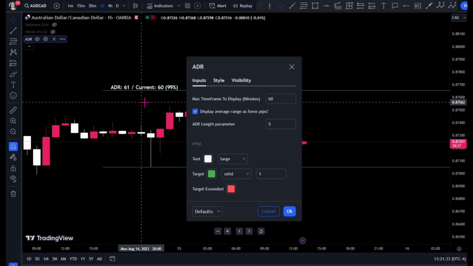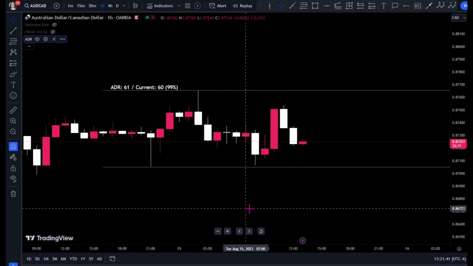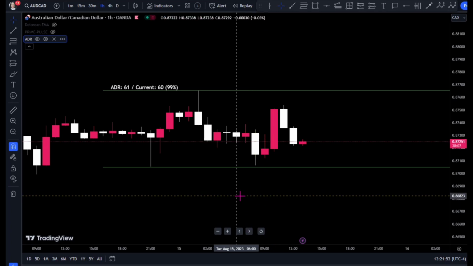This has to be used on a 1 hour time frame for this specific tool, but you can double check the accuracy by going in, figuring out what the ADR is manually on your own, and then going down to the 1 hour time frame to look and see if it's accurate.